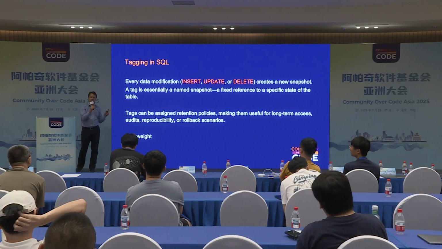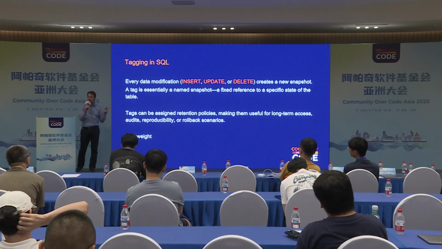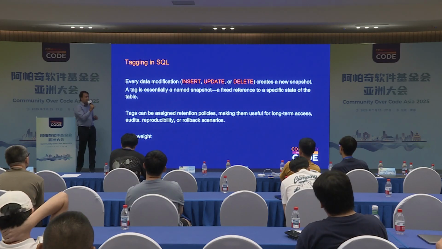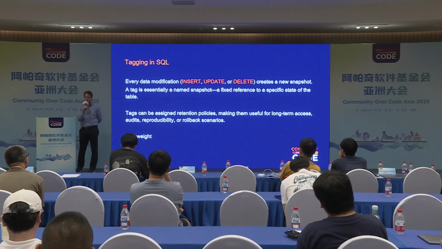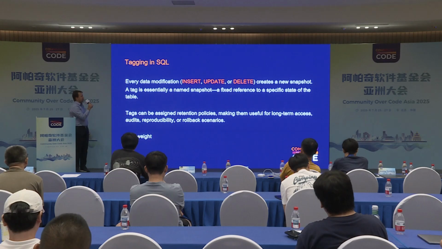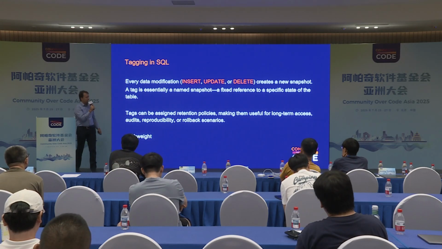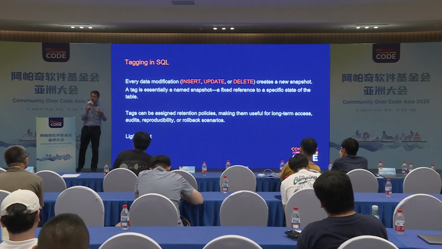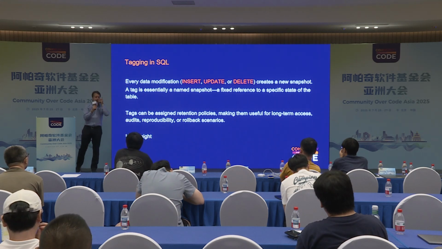But there is another part that you may be familiar with from the Git world: tagging. And tagging here in Iceberg is mainly a named version of the snapshots. Every single time when you are inserting, updating, deleting, a new snapshot is created, right?